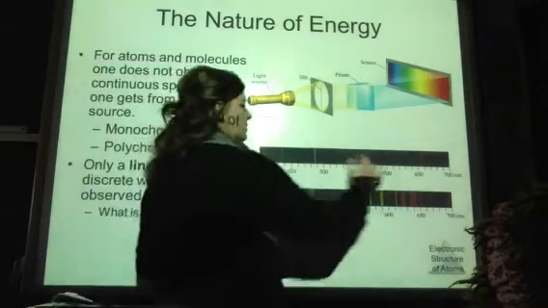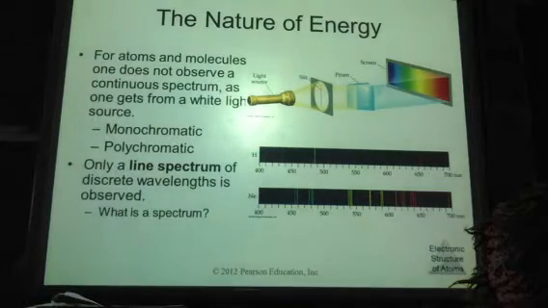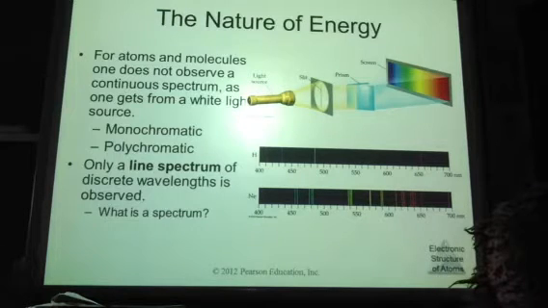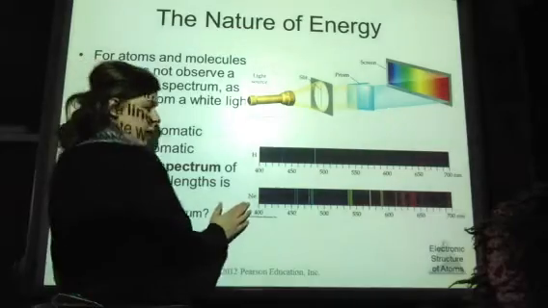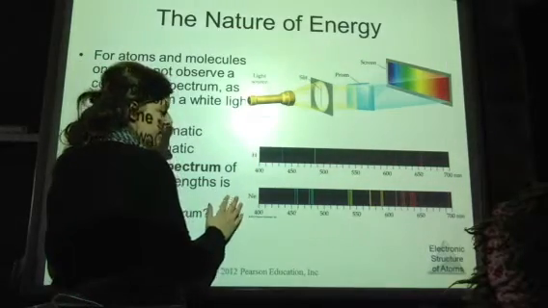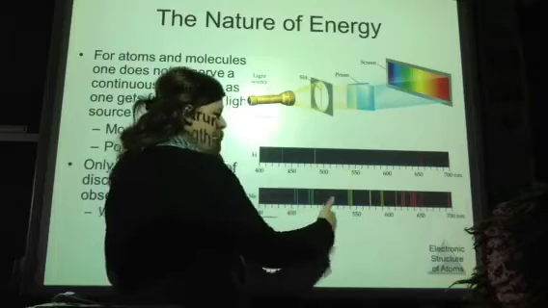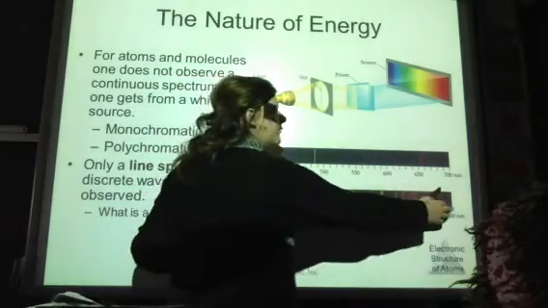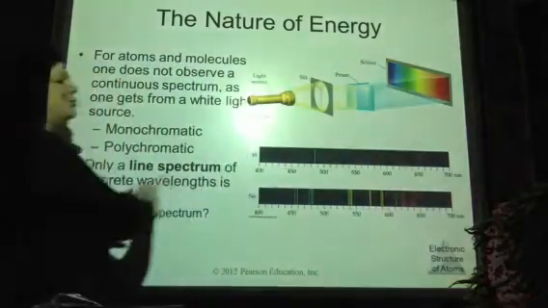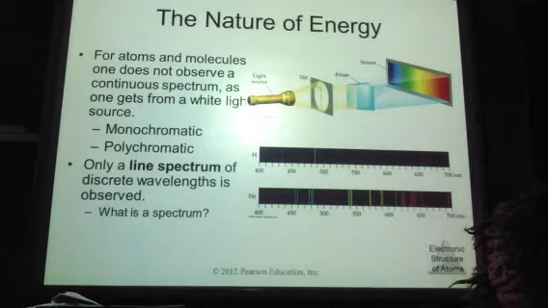Those big black spaces represent the absence of color. If I compare hydrogen to neon here, I see that neon is showing a lot more wavelengths of color than hydrogen is. And we're going to look at some more of these line spectrums on Monday.